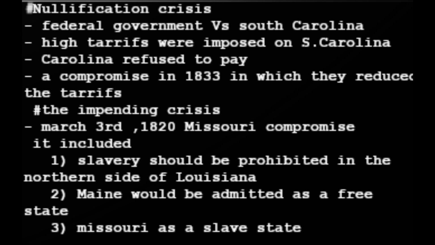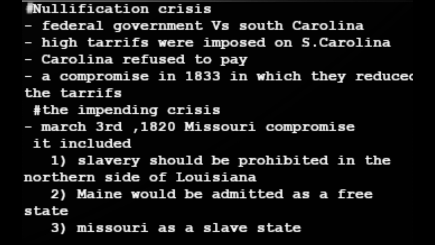So they perceived this so-called tax as unconstitutional and refused to pay it, and the president of that time, Andrew Jackson, was going to use military force to oblige them to pay. But there was no war; there was a compromise in 1833. You should bear in mind that there were many compromises which avoided war.